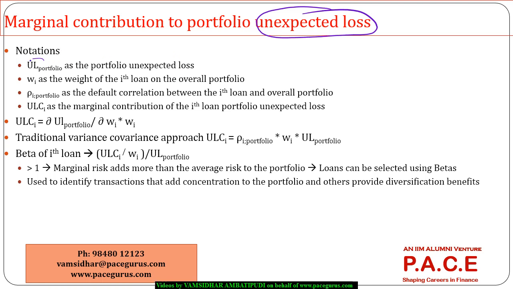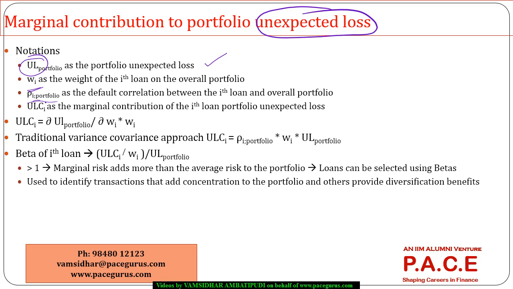Take UL as the total unexpected loss of the overall portfolio. I am looking at W_i as the weight of the ith loan in the overall portfolio. So whatever is the amount that you have invested in the ith loan divided by the total loan that you have given, that is the weight of the ith loan.